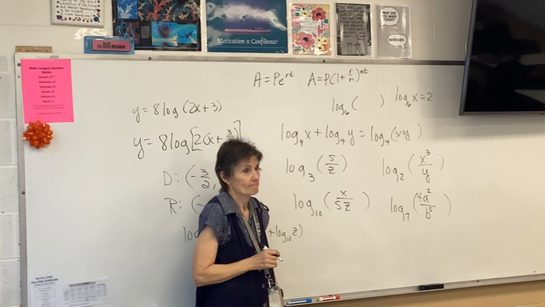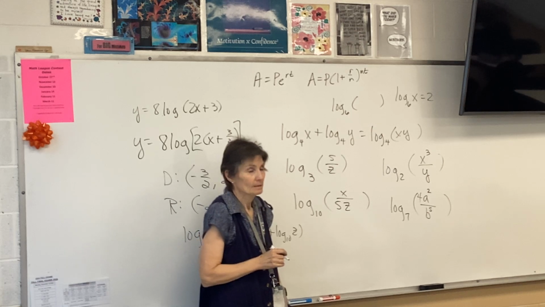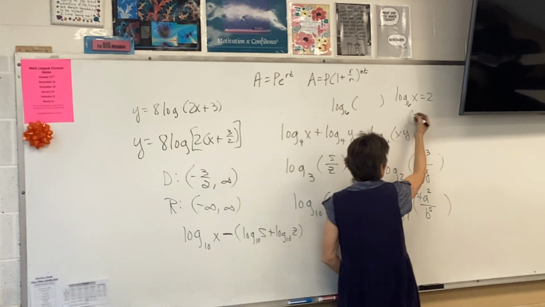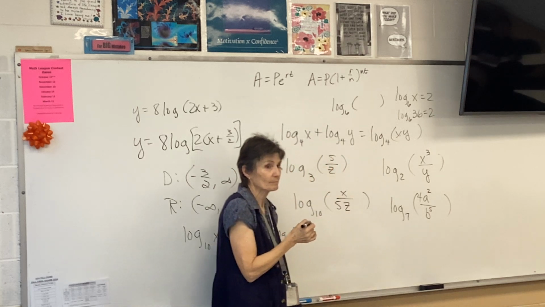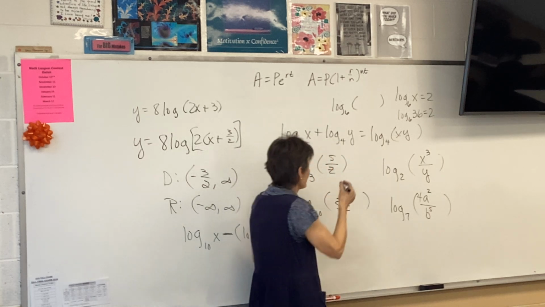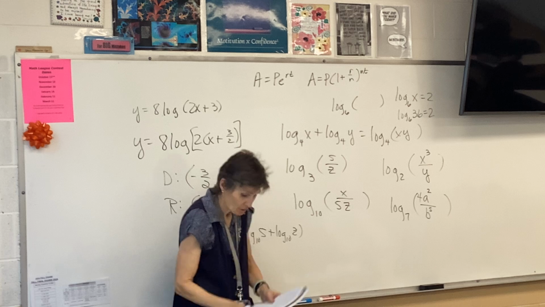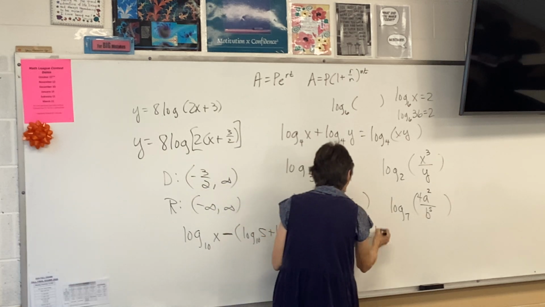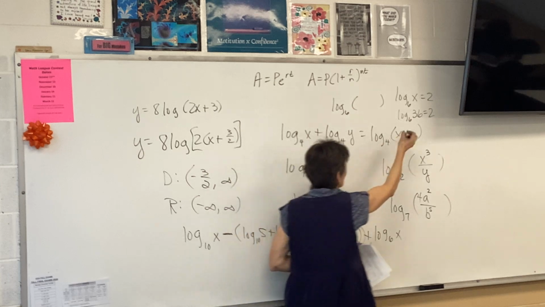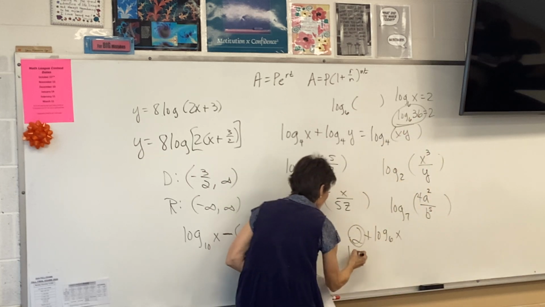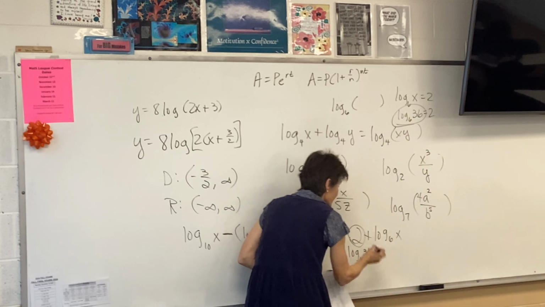Hit the loopy loop. 6 to the x equals what's the something got to be? 6 to the second is what? 36. So the log base 6 of 36 is 2. Would everybody agree with that? Yeah. So instead of having 2 plus log base 6 of x, I'm going to rewrite my 2 as the log base 6 of 36.